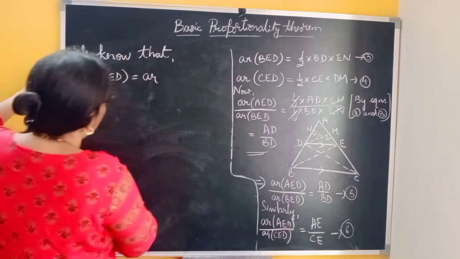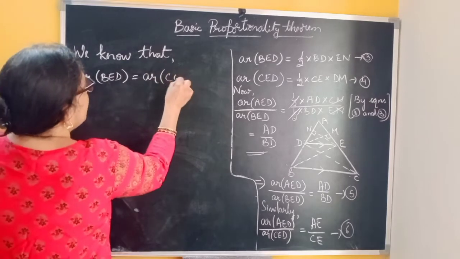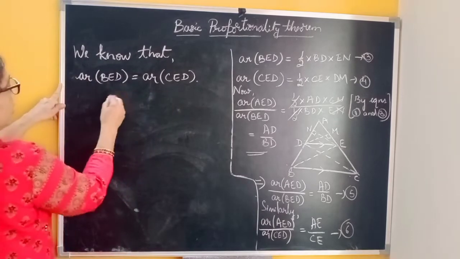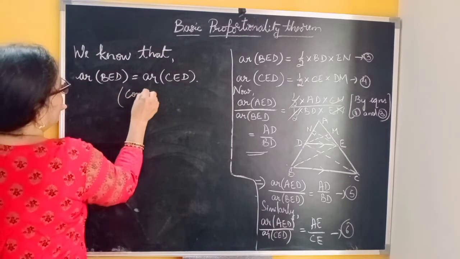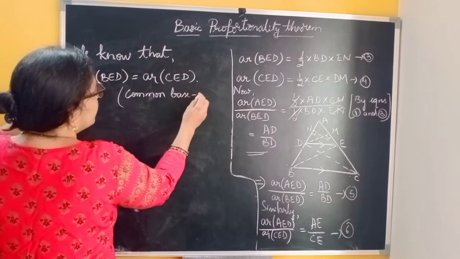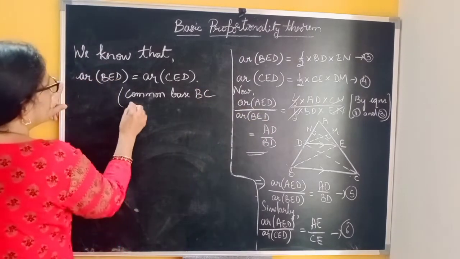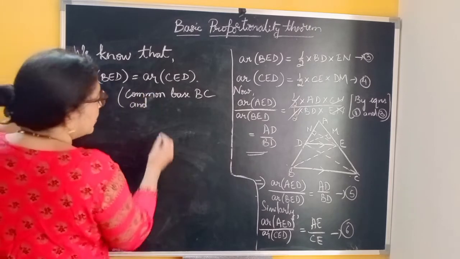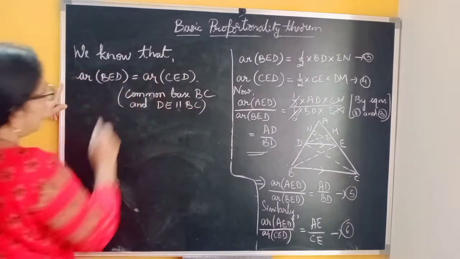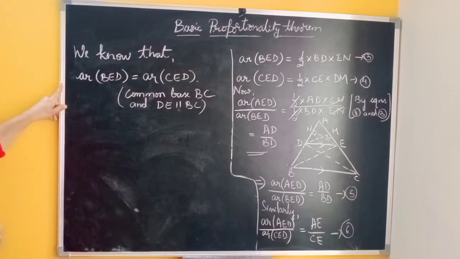How did we get this? The common base is BC and DE is parallel to BC. This is the reason.